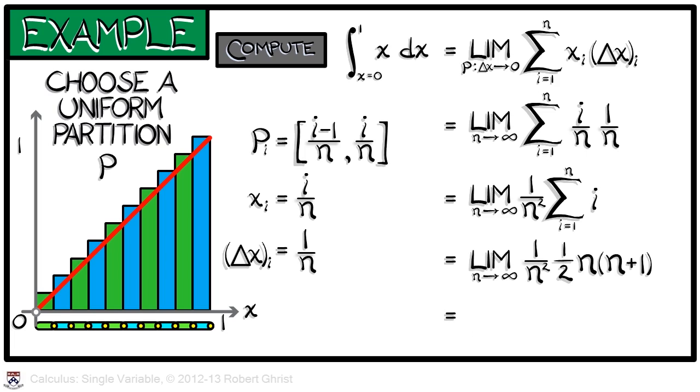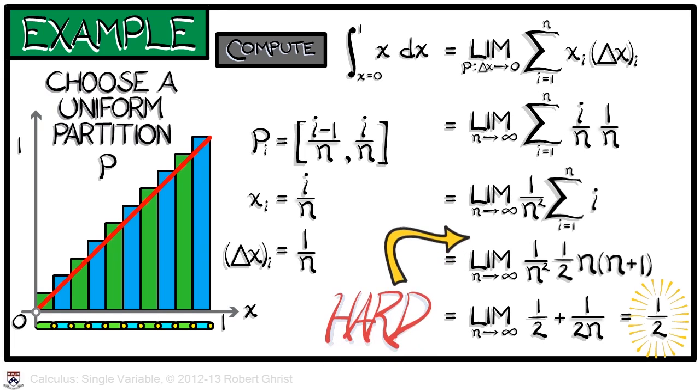And now we see that dividing by n squared, the leading order term in this Riemann sum is 1/2. Everything else is higher order in 1 over n, and hence goes to 0 as n goes to infinity. The answer to this definite integral is 1/2. Indeed, as it must be.